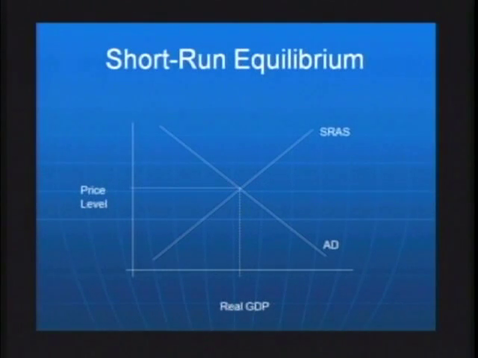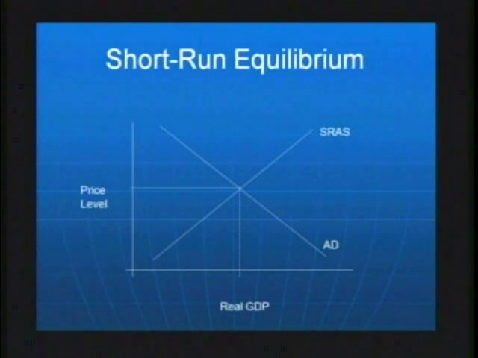The aggregate supply curve is built contingent upon the availability of those inputs and also the prices of those inputs. So anything that changes the prices or the availability of those inputs will change the entire aggregate supply curve.